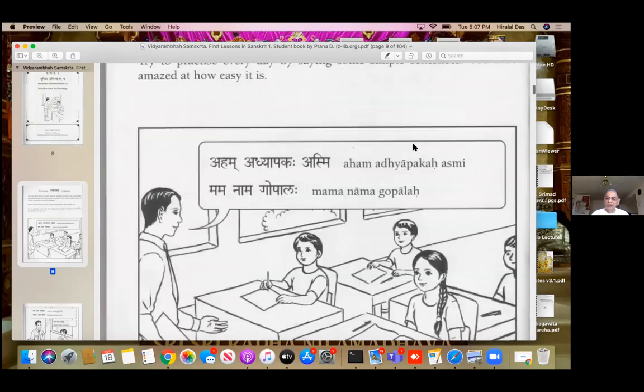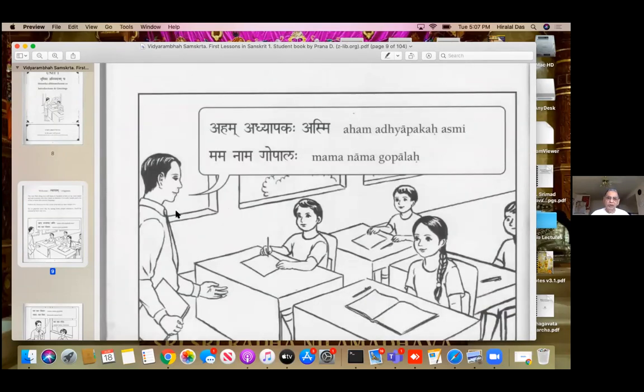Now here is the teacher. In Sanskrit, we call it adhyapakaha. This teacher is introducing himself. He says, aham adhyapakaha asmi. Aham means I, asmi means am, and adhyapakaha means teacher.